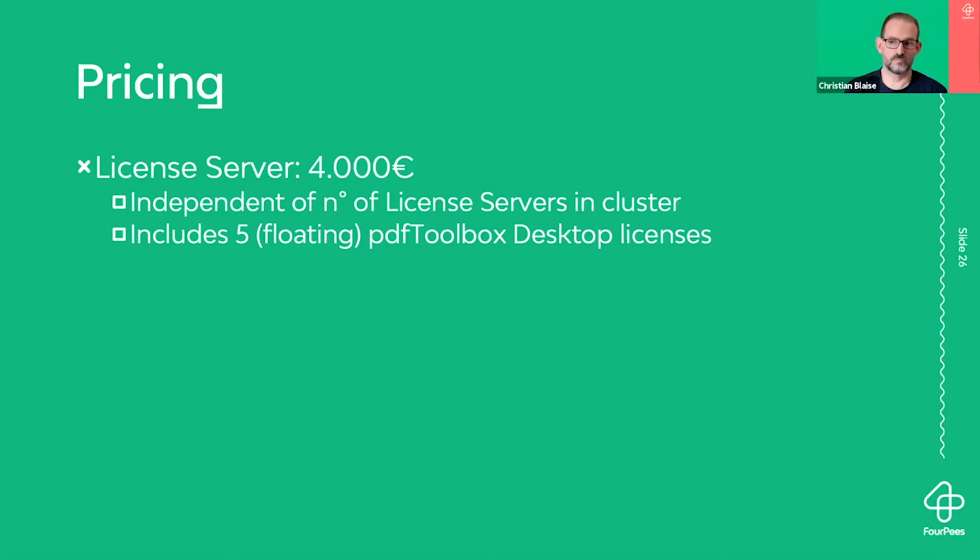So when I read that, because you were really talking about the automation part of pdfToolbox, that means you can use a license server to only serve desktop licenses. Yes. Say I have 20 users in my area, and I'm only buying 12 floating desktop licenses served by a license server.